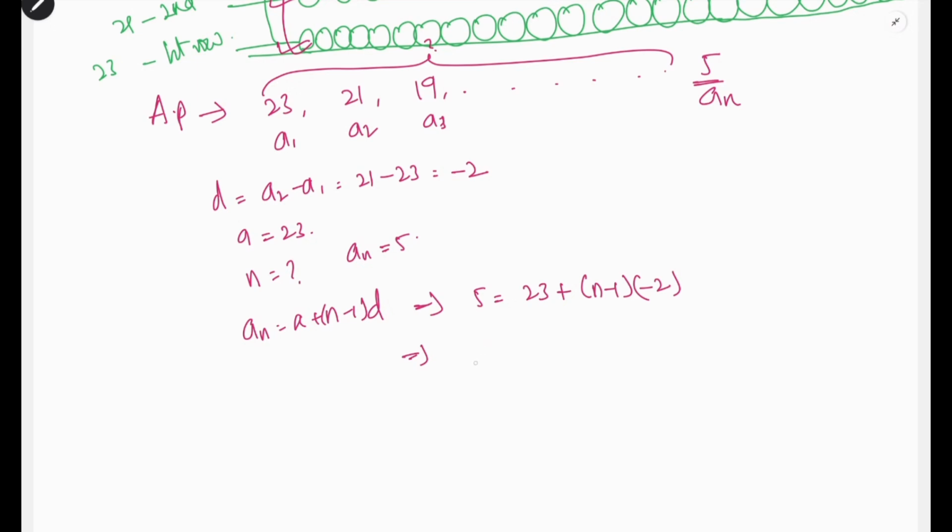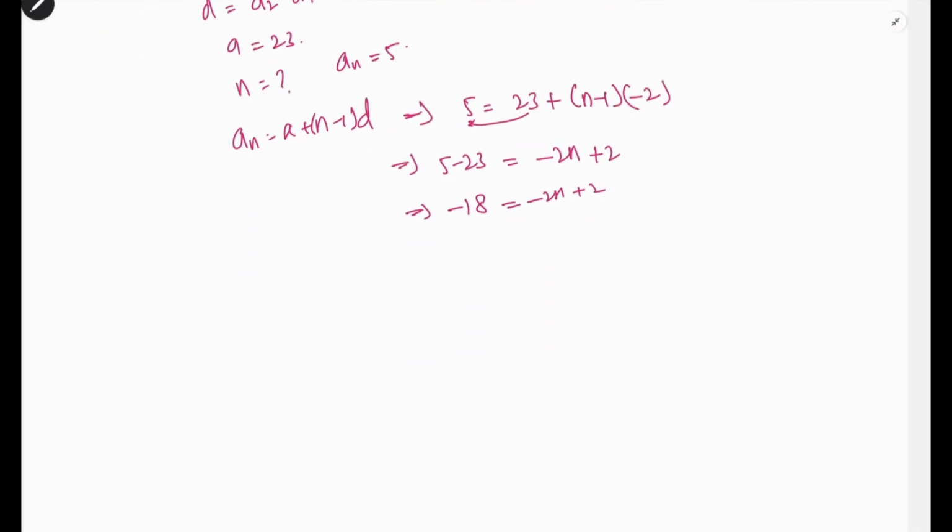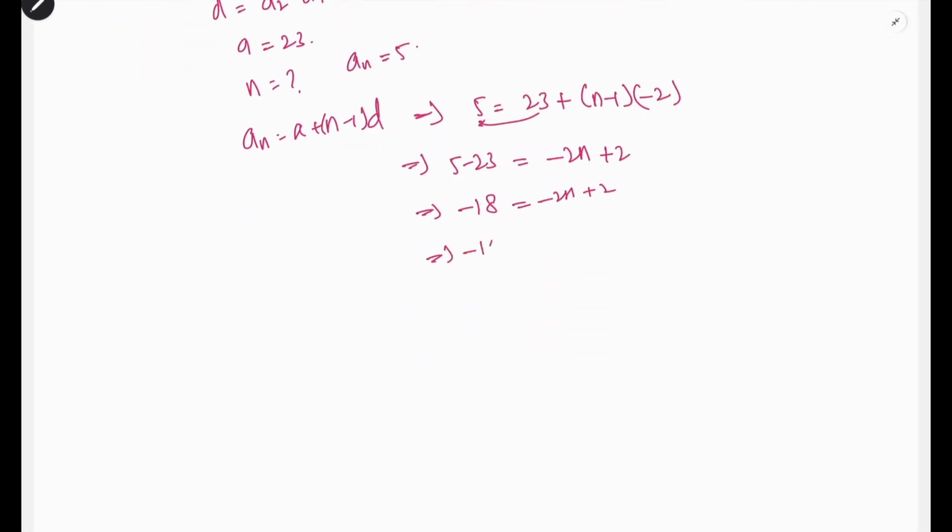Now we will bring 23 to the left side. It is 5 minus 23 is equal to minus 2n plus 2. It is minus 18 is equal to minus 2n plus 2. It is minus 18 minus 2 is equal to minus 2n. This is minus 20 is equal to minus 2n.